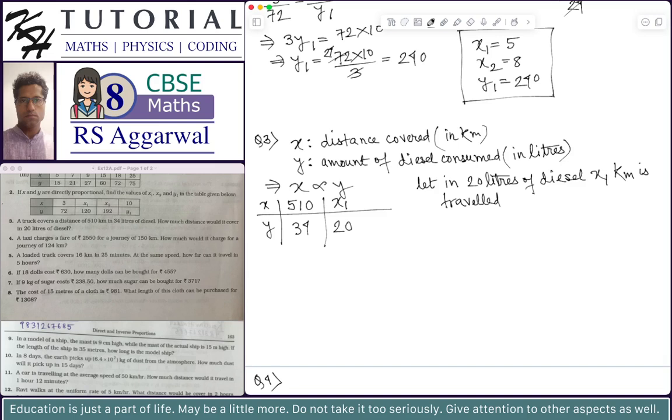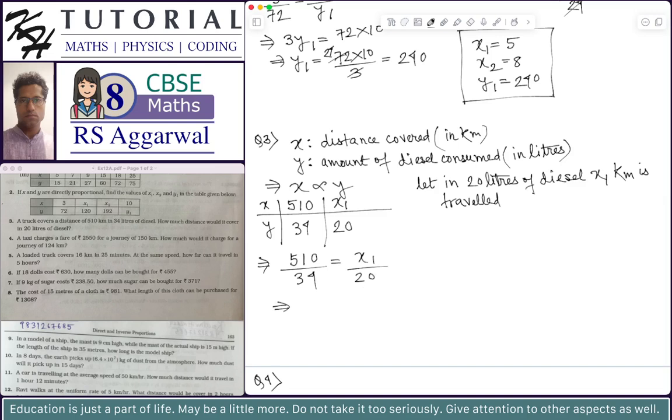Now we know that if we have a table like this of two quantities x and y, and the quantities are in direct variation, the ratio of the corresponding values will be equal. That is 510 divided by 34 should be equal to x1 by 20.